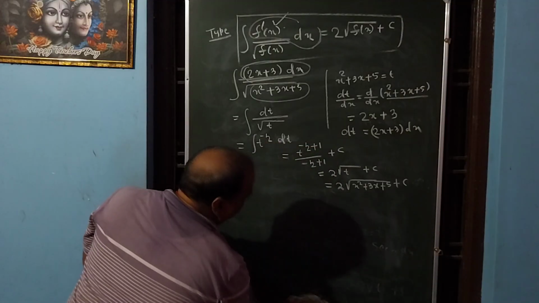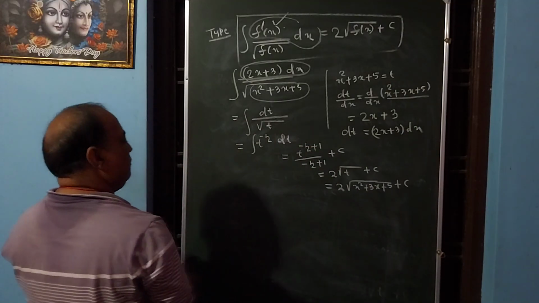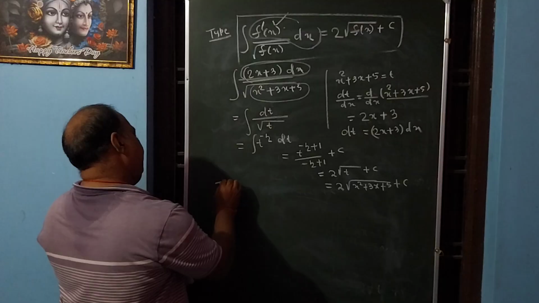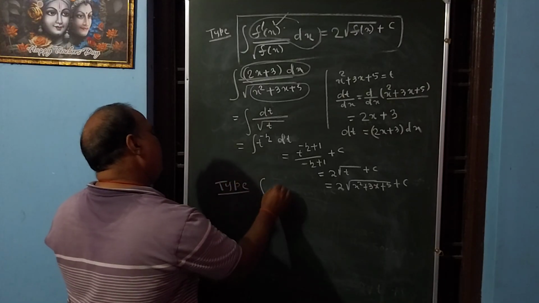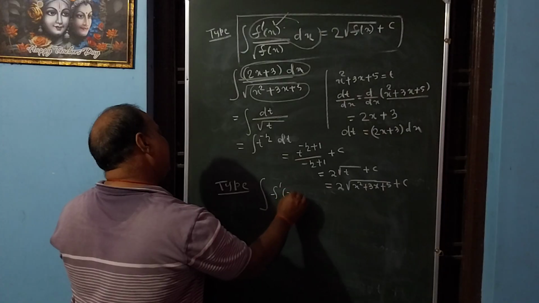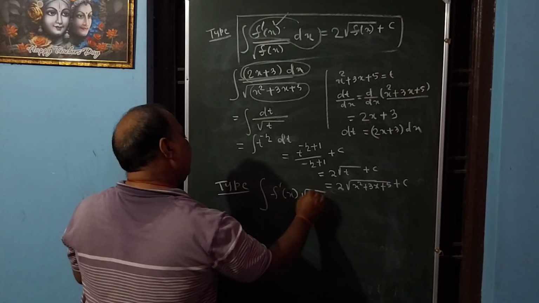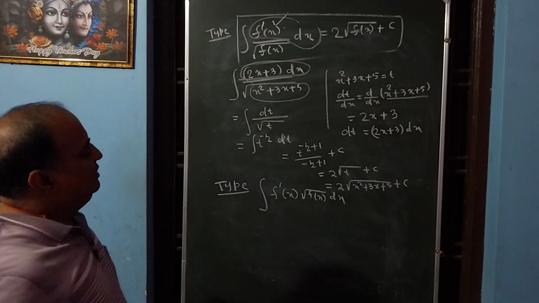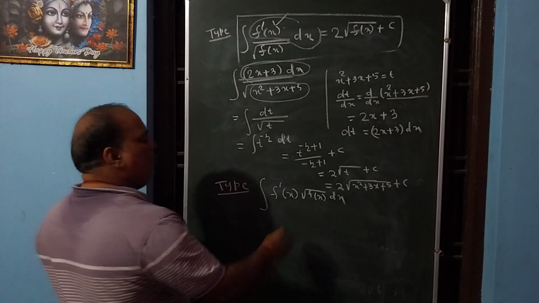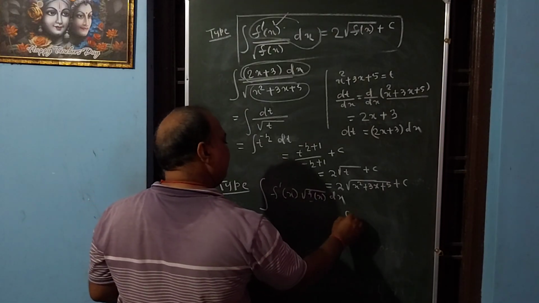Type number 2. Integration of f dash x root over of fx dx. So you have to put fx is equal to t.